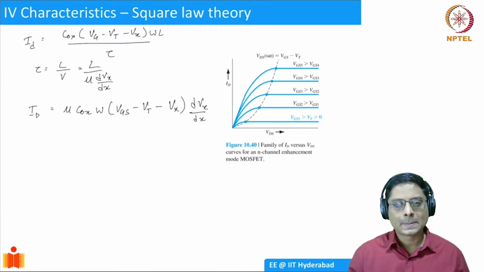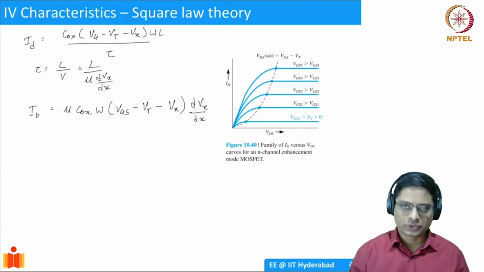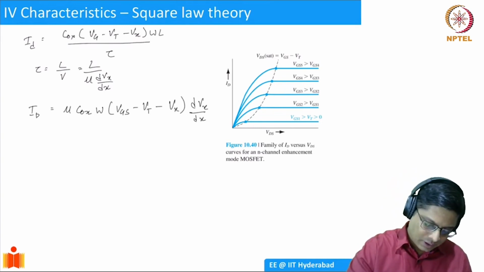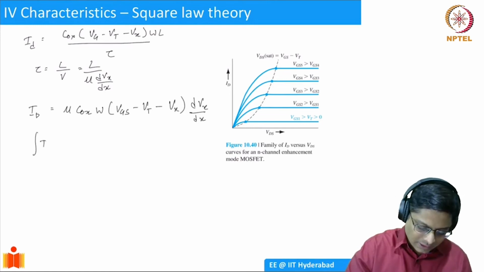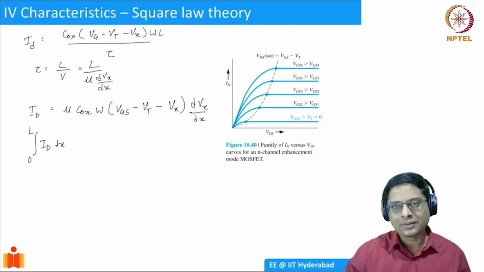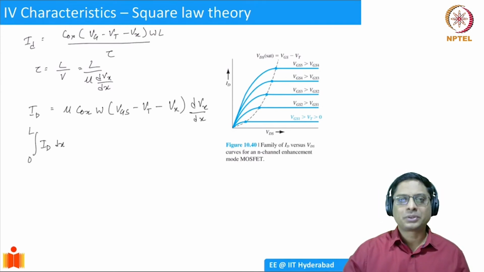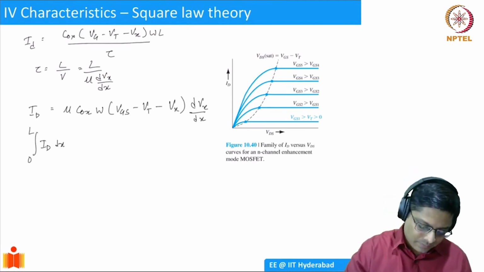Now what I'll do is integrate both sides. I'll take dx to the other side: integral of ID dx, integrated from 0 to L, because the field is slightly different at each location. So if you want to compute the total current, you have to do an integral.